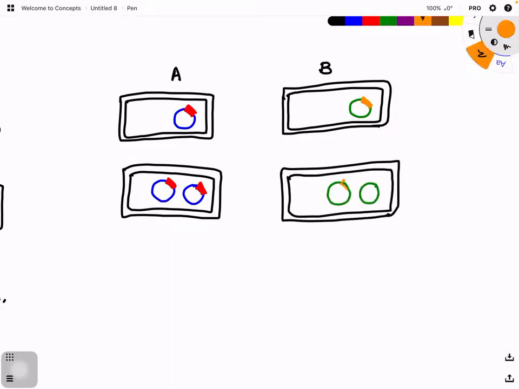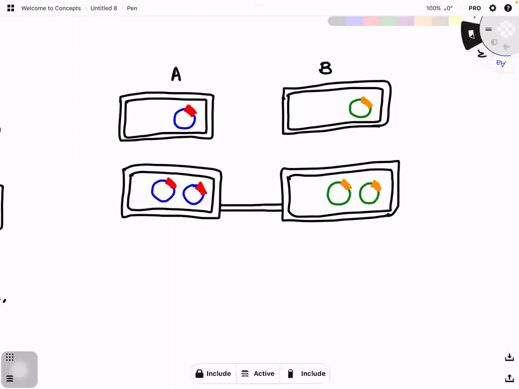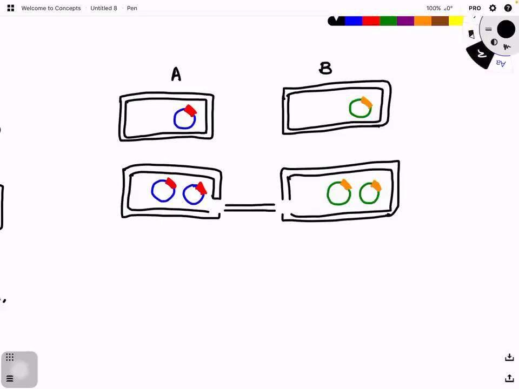And through a process called bacterial conjugation, they establish a channel. This channel allows these two plasmids to be exchanged.